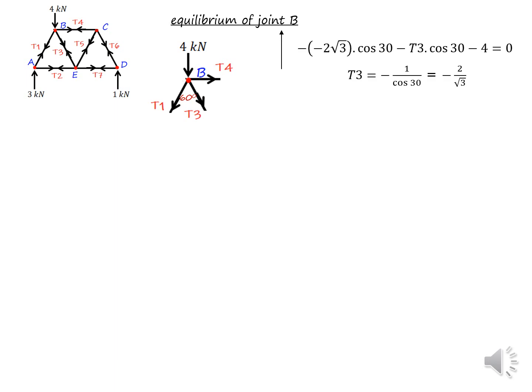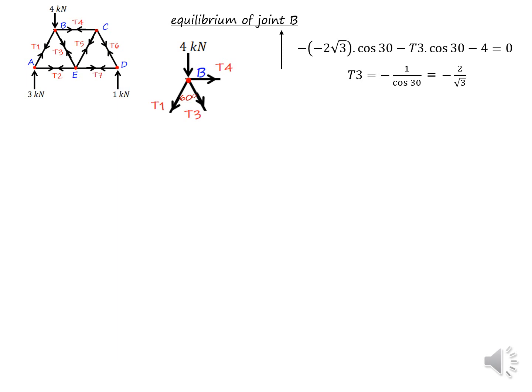Horizontal equilibrium, minus 2 root 3, that is for T1, cos 30, that creates the vertical component of T1, because that force is acting downwards, I'll make it minus in front of this equation.